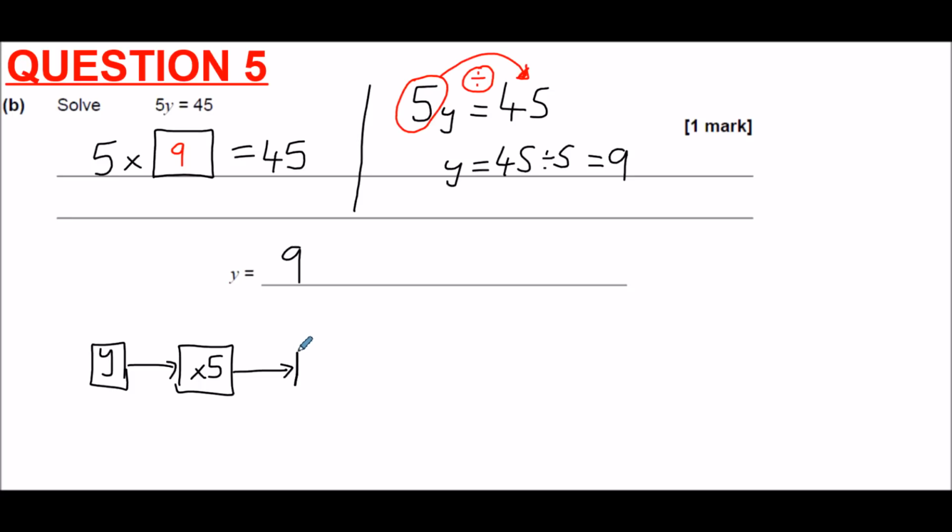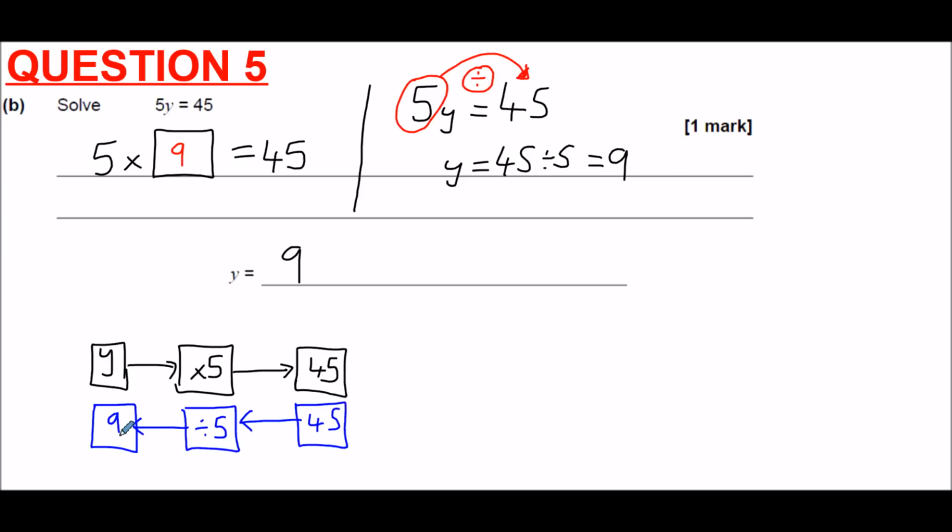And after being multiplied by 5, we get 45. Now if we reverse the step, start at 45, and go the opposite way, doing the opposite thing, we can get back to what y must have been in the first place. So 45 divided by 5, again would give us that y must have been 9.